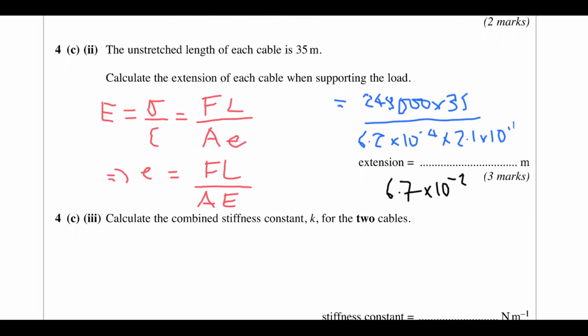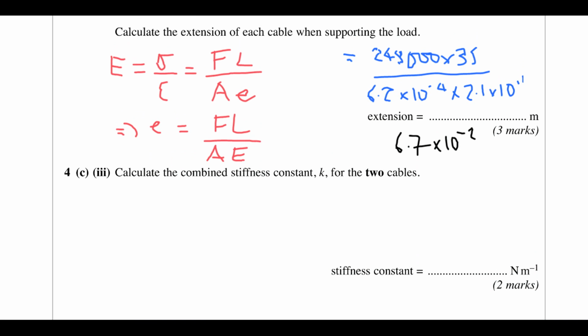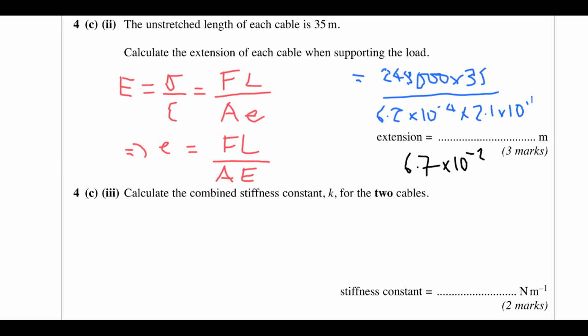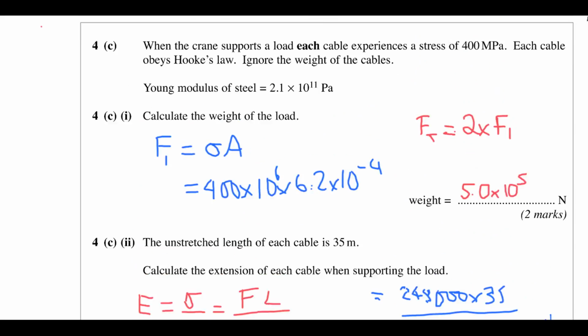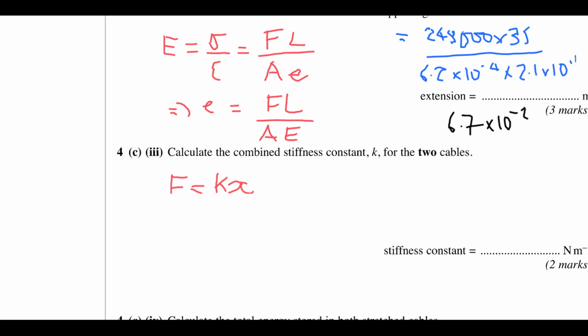Okay, so next part, this is a lengthy question. Calculate the combined stiffness constant for the two cables. So first of all, we can do it for each one. We need to solve what K is, like this. So we know what the load is, we now know what the extension is.